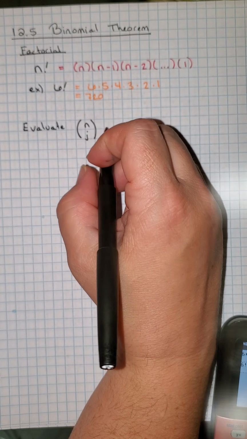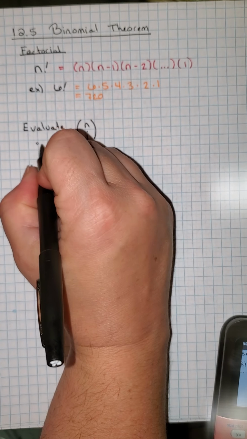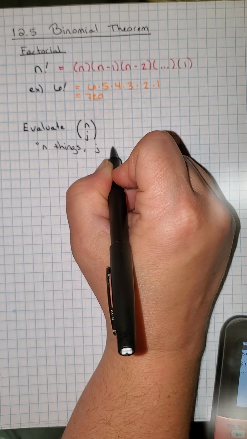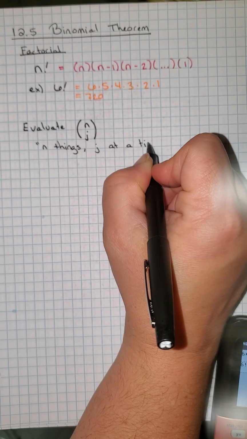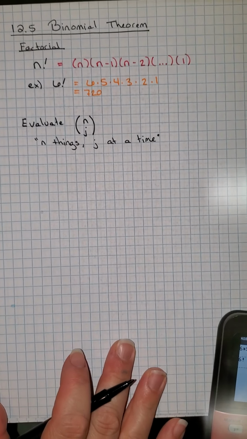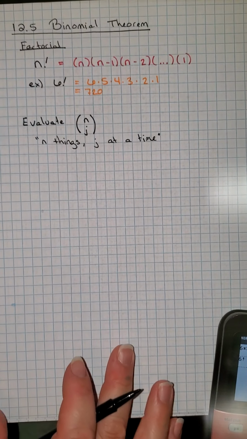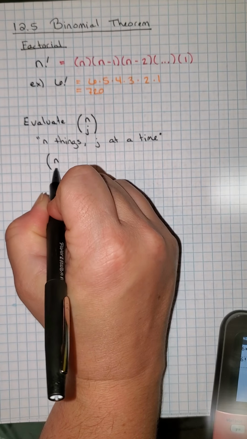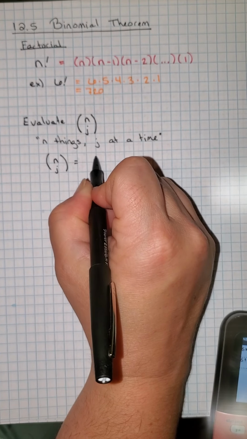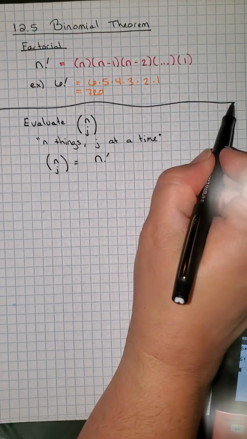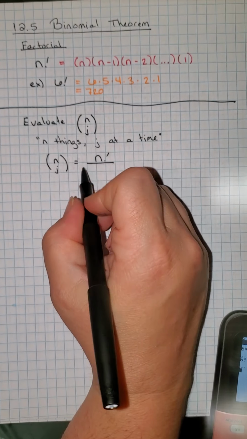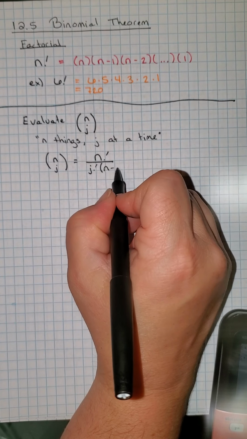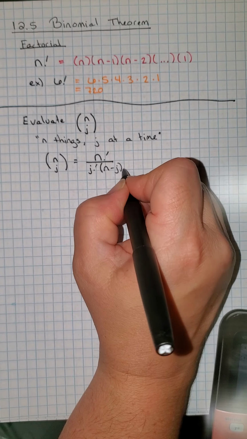This is n things taken j at a time. That's how you read that notation. Here's how it works: n things j at a time is n factorial over j factorial times the difference between the two, n minus j factorial.